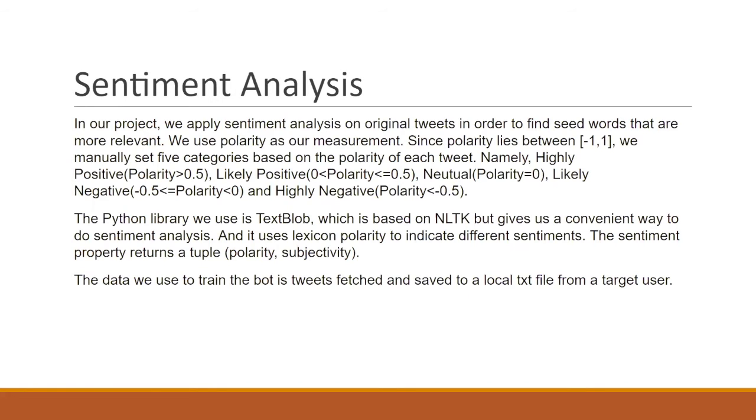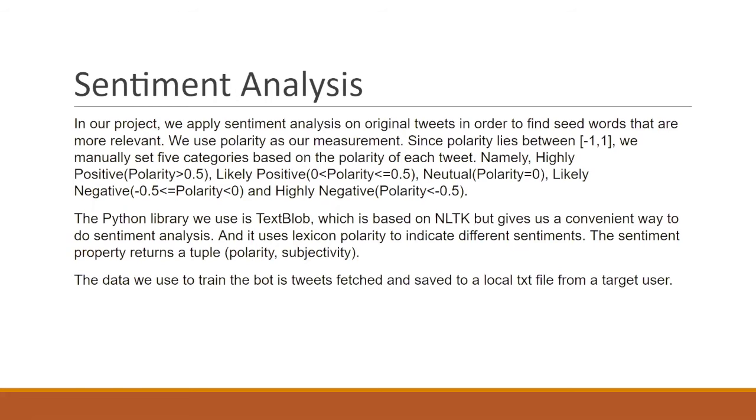The Python library we use is TextBlob, which is based on NLTK, but gives us a convenient way to do sentiment analysis. And it uses lexicon polarity to indicate different sentiments. The sentiment property returns a tuple, polarity and subjectivity.